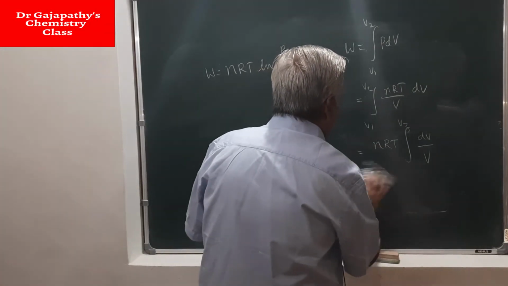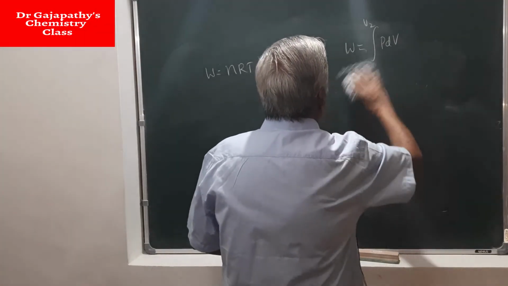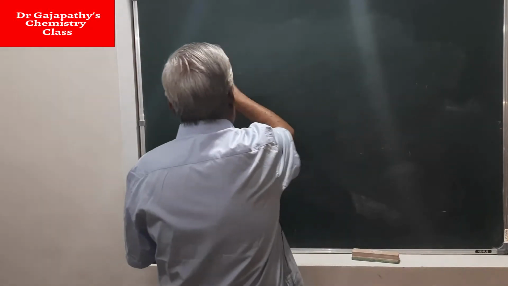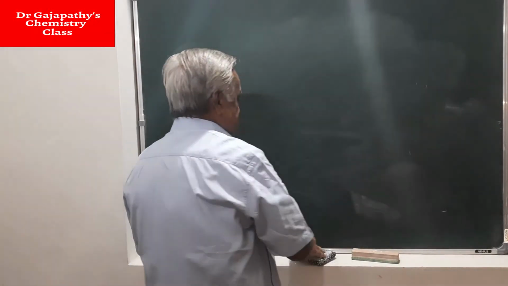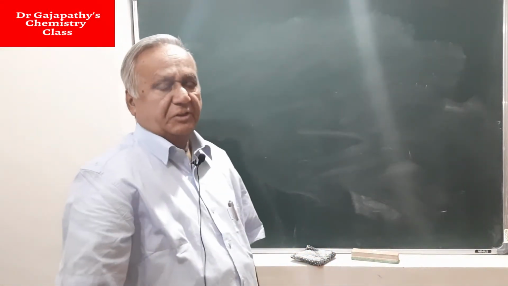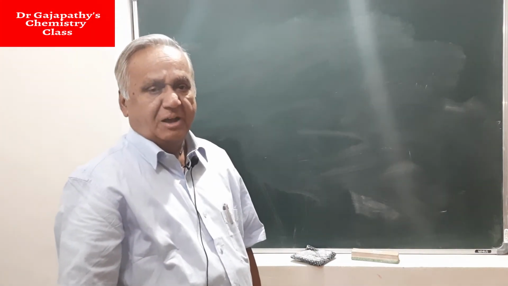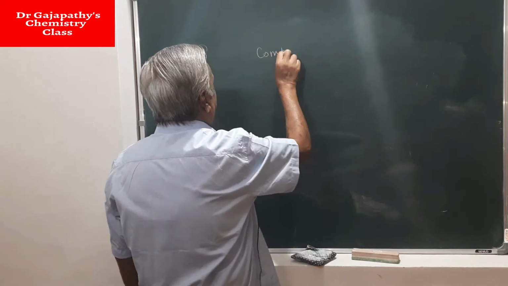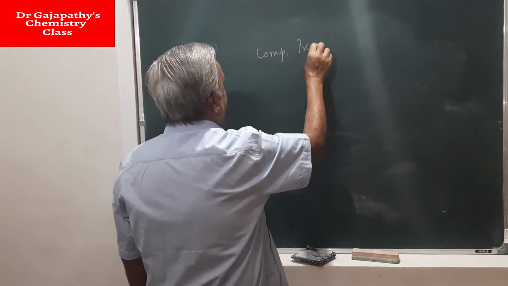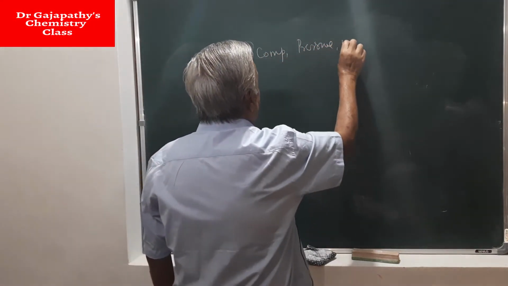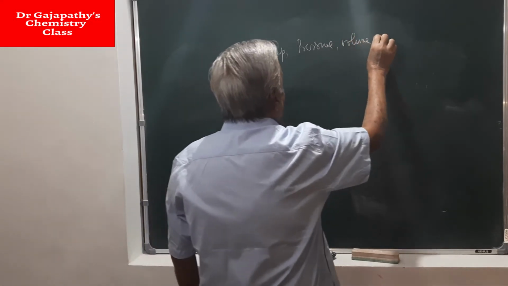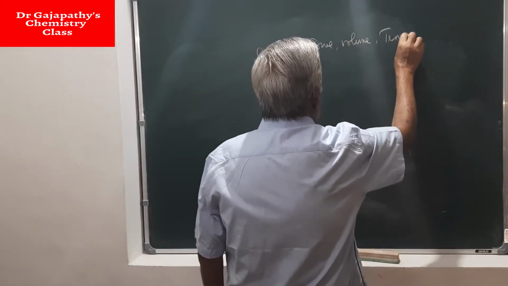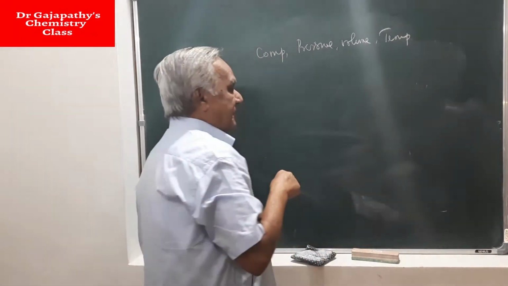Before proceeding further, let me tell you what is meant by an equation of state. The four observable properties of a system are composition, pressure, volume, and temperature. These are the four observable properties of any system.